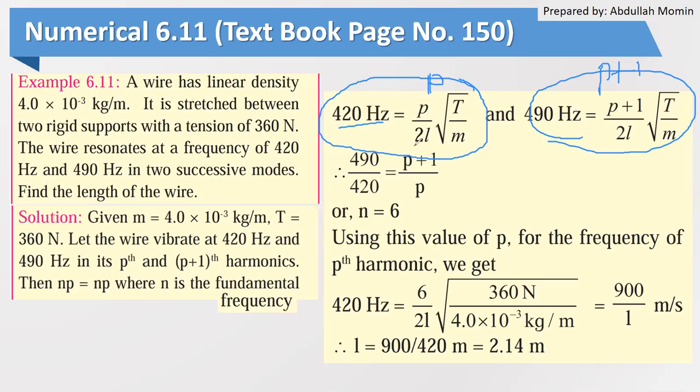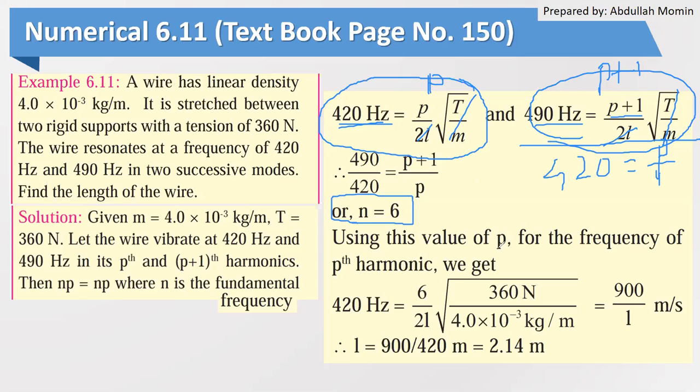Now dividing these two equations, 420 is equal to p upon 2l root T by m. So root T by m and root T by m get cancelled, 2l and 2l get cancelled, and we will get 490 hertz divided by 420 hertz is equal to p plus 1 upon p. And after solving this, we will get p as 6.